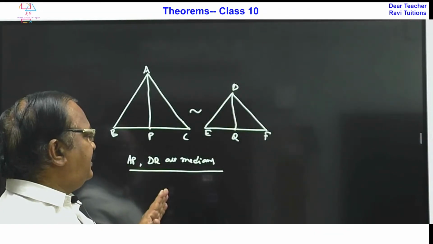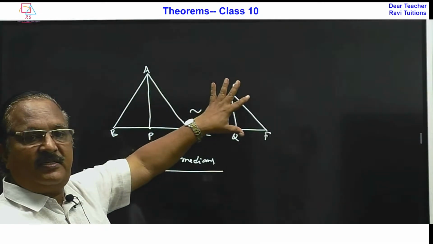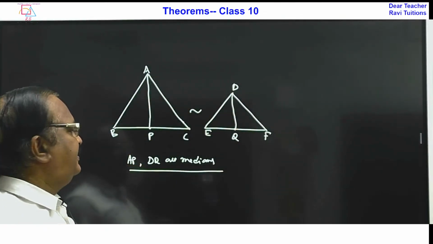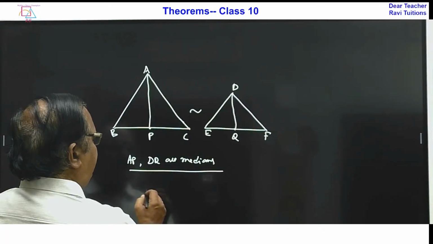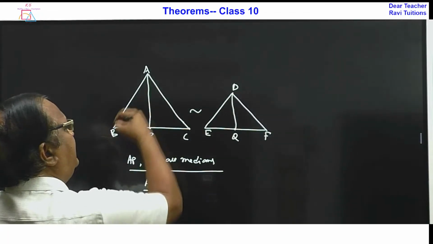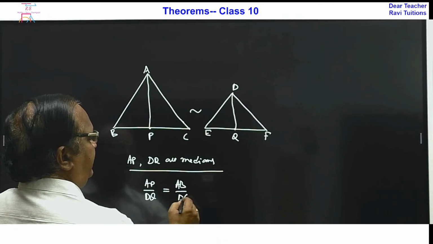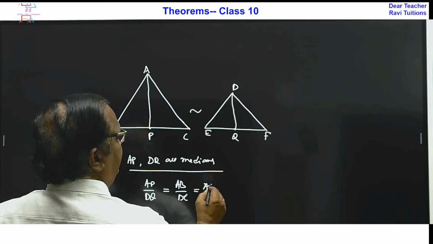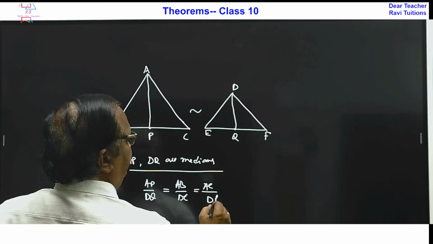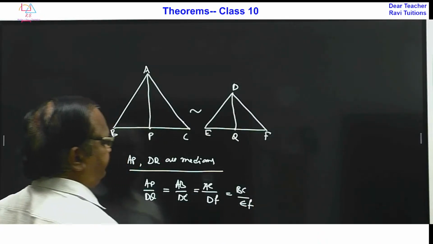So, what is the relation between the sides of the triangles and the medians? AP by DQ is the same as the ratio of corresponding sides: AB by DE, which is equal to AC by DF, which is equal to BC by EF.